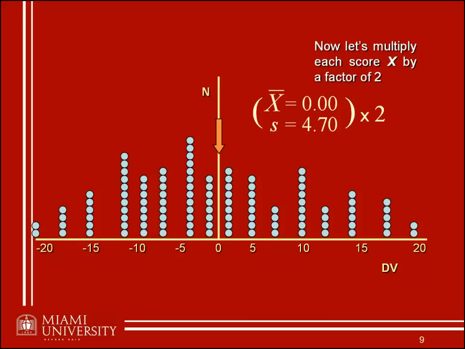So we're going to multiply the standard deviation also by 2. And in particular then, this 4.70 becomes a new value of 9.40. And again, this makes sense with what we've seen here in the graphic. Because the scores ended up spreading out, okay, then we know that the standard deviation, the variability, should have increased.